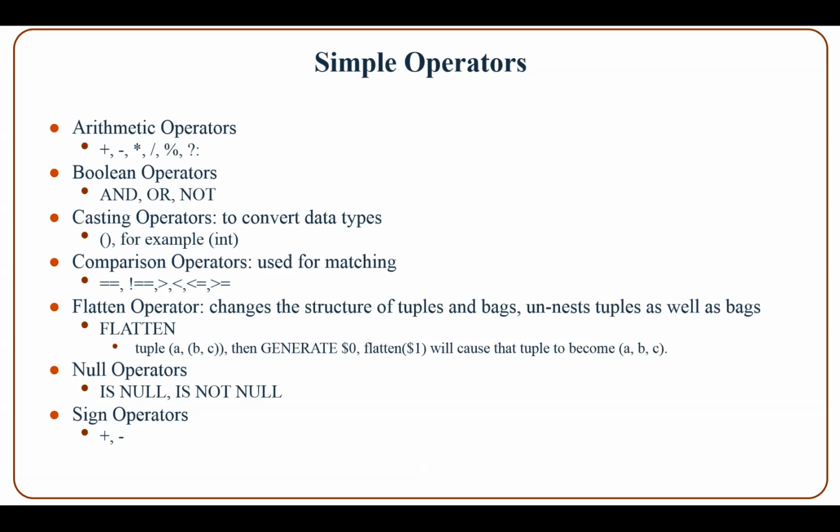That nests tuples as well as bags. For example, a tuple in the form of A, and then B and C, can be flattened into the form of A, B, and C. The null operators are is null and is not null, for checking if the value in a specific field is null or not null. And then the sign operators.